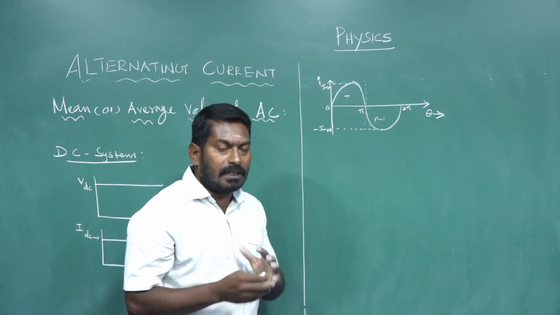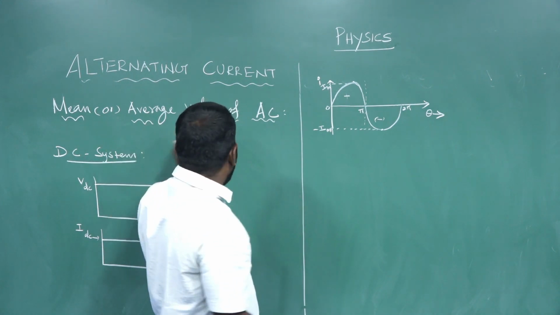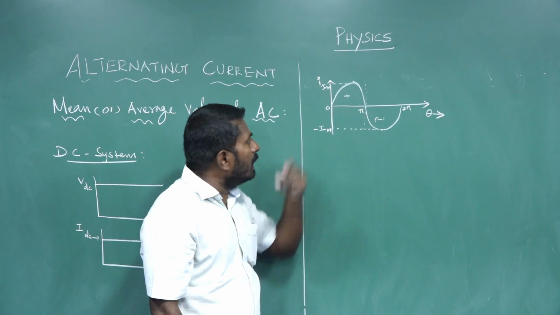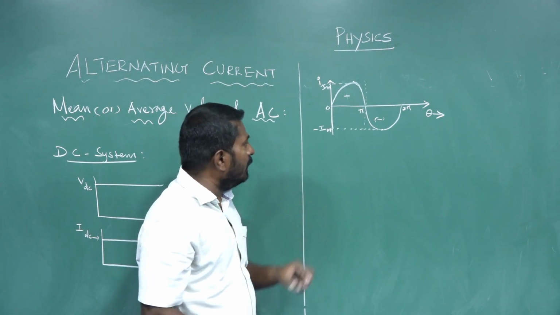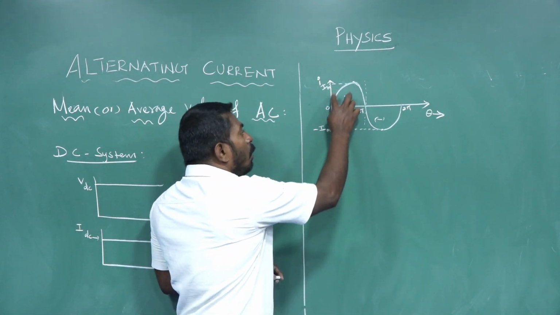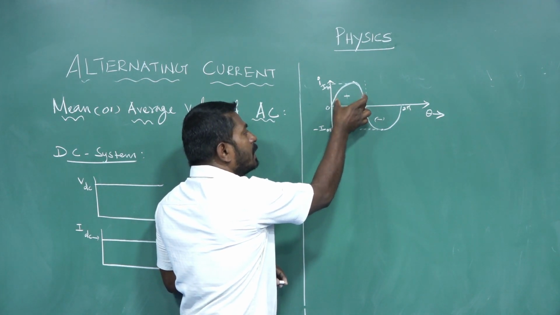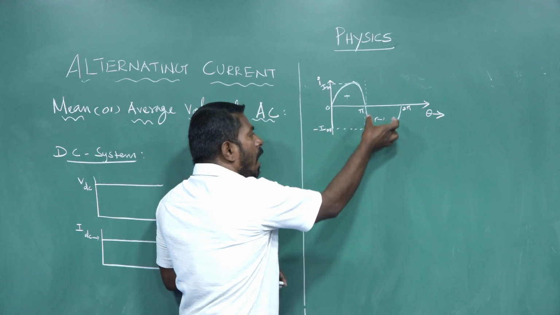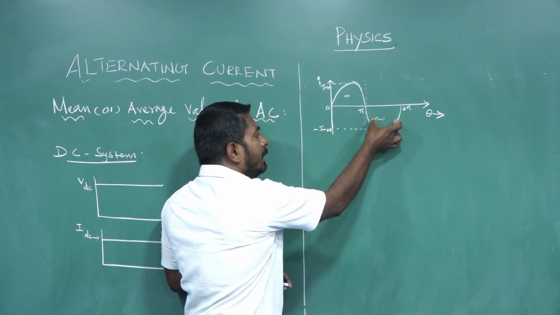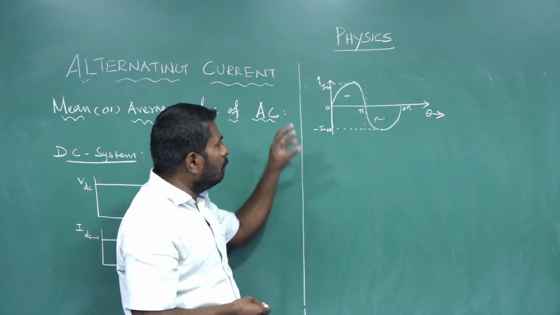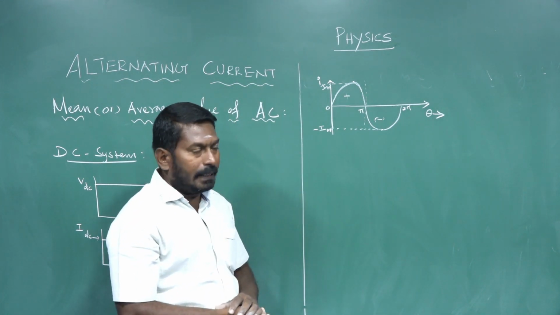Now we go to the definition of mean or average value of alternating current. The mean or average value of alternating current is defined as the average value of all currents in the positive half cycle, or the average value of alternating current taken in the negative half cycle. That is called the mean or average value of alternating current.